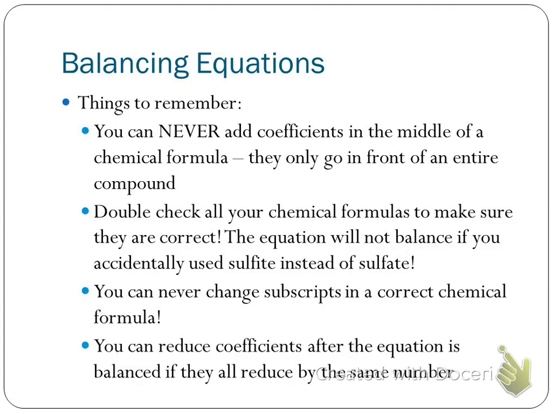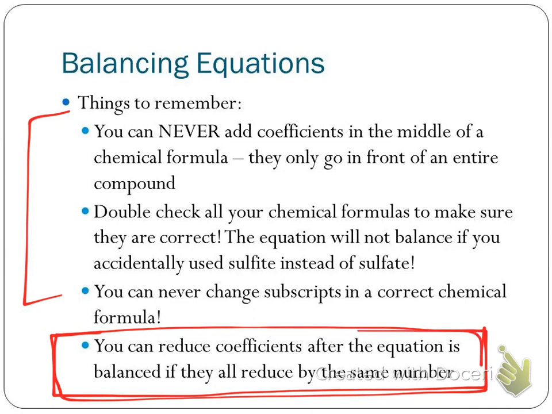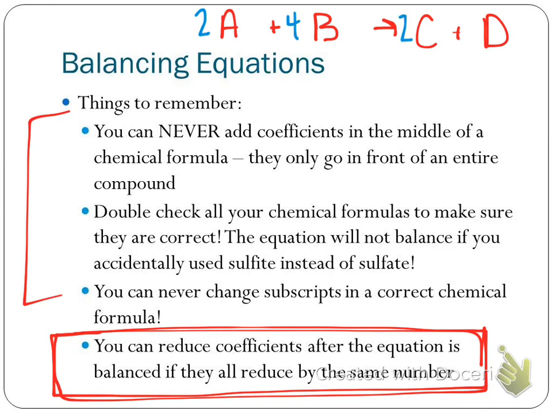That's all a little bit of review of what we've done today. The last bullet here is new. You can reduce coefficients after the equation is balanced if they're all reducible by the same number. So what that looks like: if I had balanced my equation and maybe I'd overshot it a little bit, and my coefficients are 2, 4, 2, and 2, what are those all reducible by? 2.